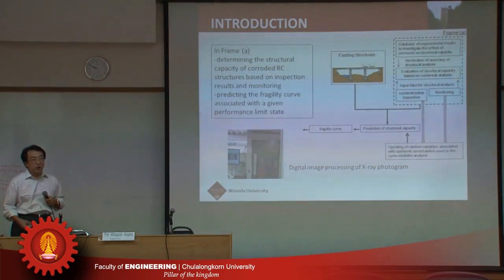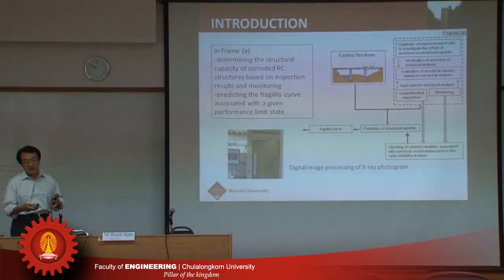So today I will present the X-ray photogram technique to visualize the spatial distribution of rebars. X-ray photogram is a very suitable tool to visualize the rebars embedded in the concrete.